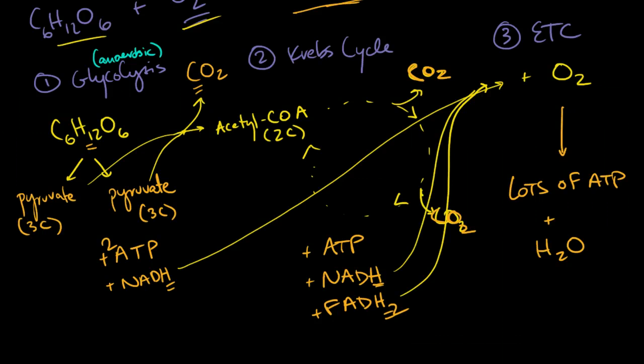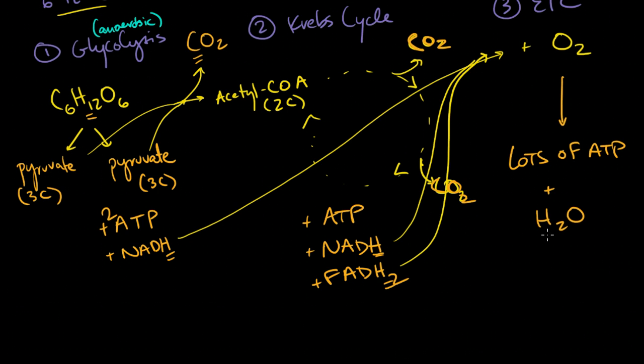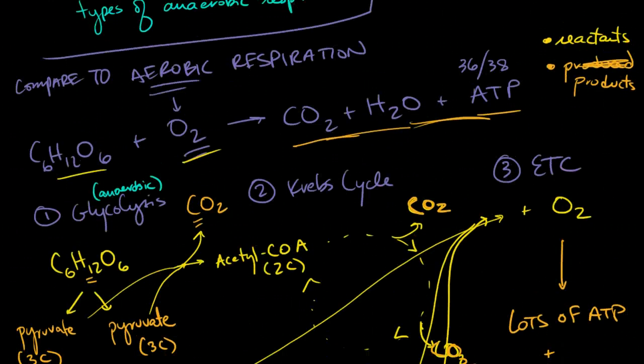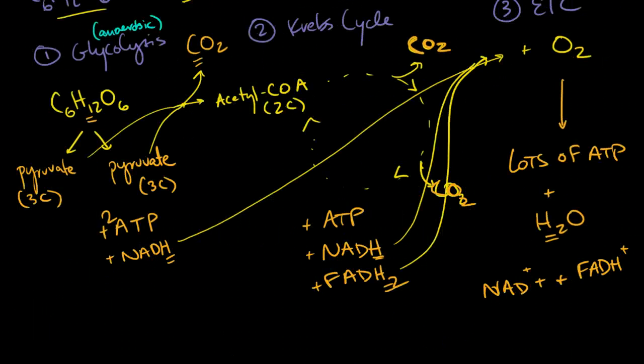But what happens to the NADHs and the FADH2s? Well, after giving up their hydrogens to water, they come out as NAD plus and FAD plus. They've got to go somewhere as well. If you can infer, we don't put that at the end of the reaction, so that implies that they get used up.